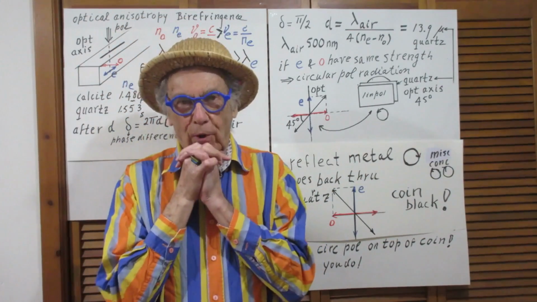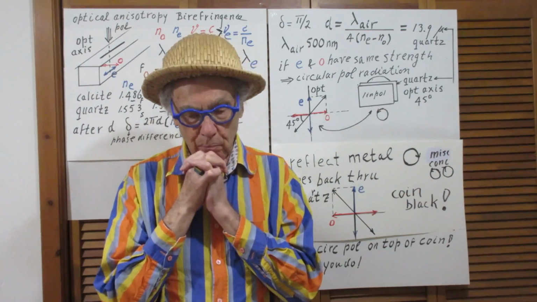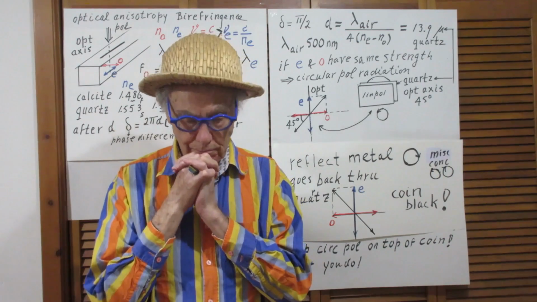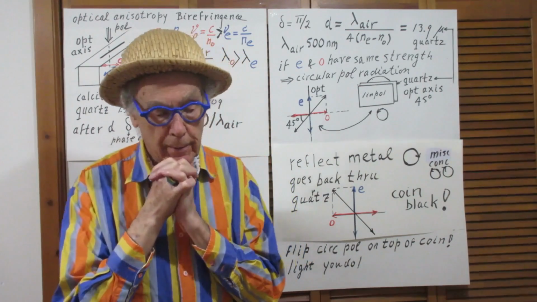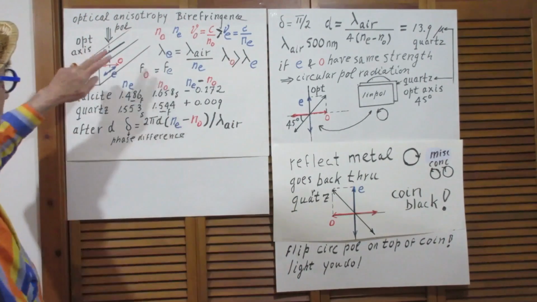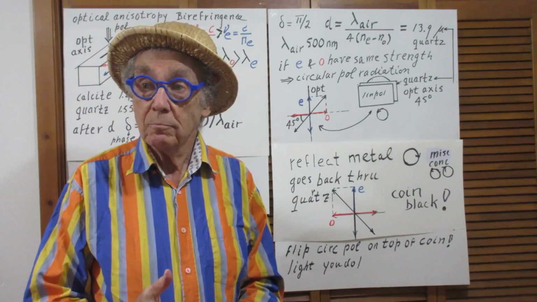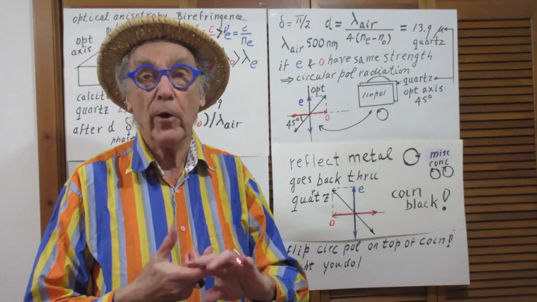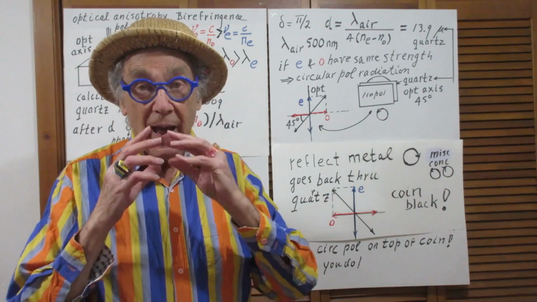Solution to the difficult chord problem which deals with Birefringence. Try to follow me step by step. There are crystals, mica, calcite, quartz, and there are many others, which are anisotropic.